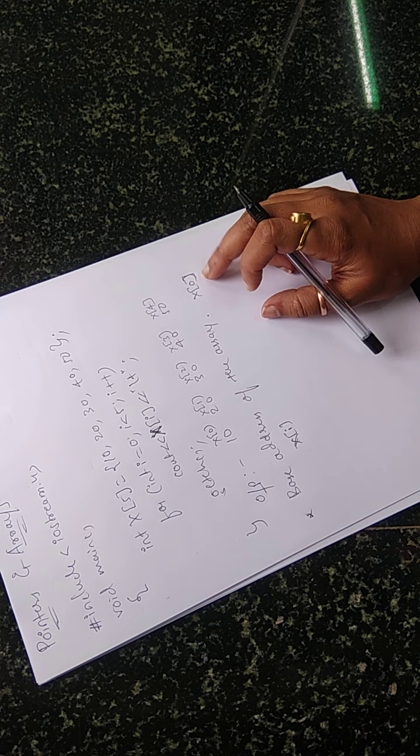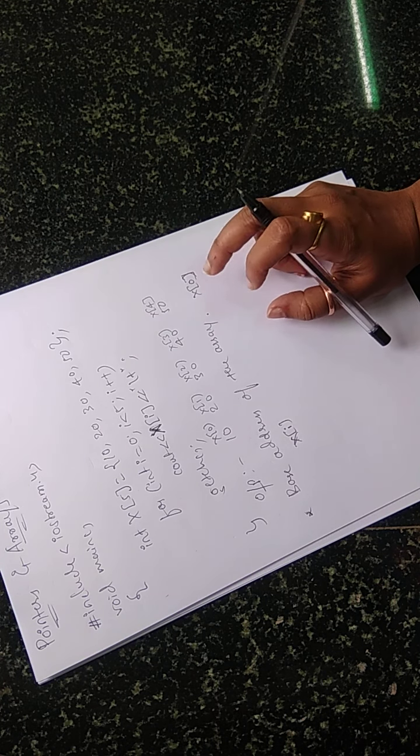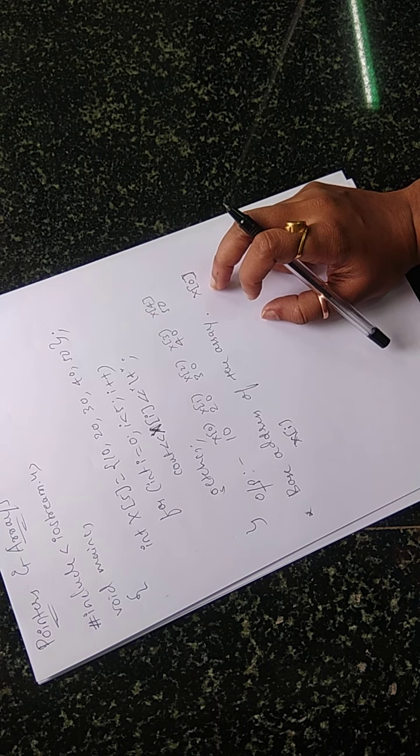This is x of 0 will be stored. And when the program needs to access any element, then this x of I will be used and it calculates its address by adding I units to the address of x of 0.